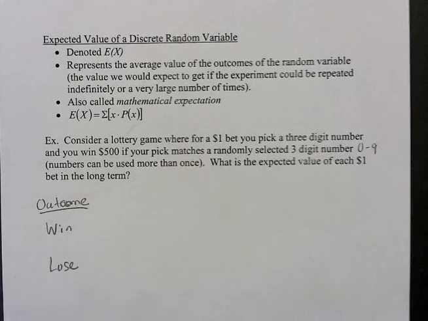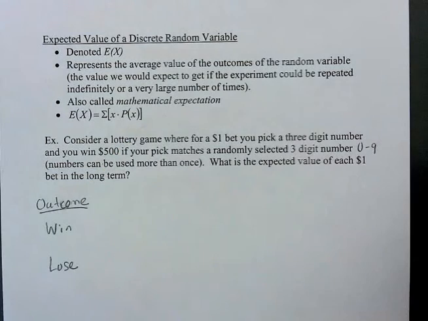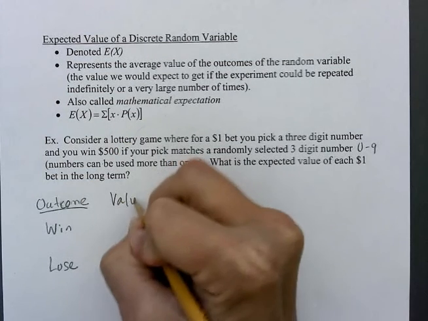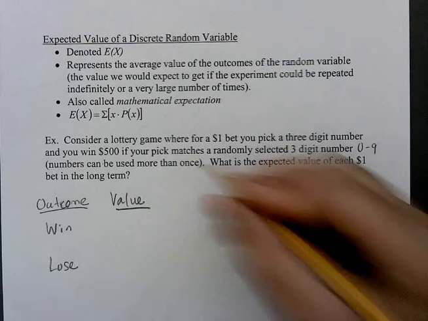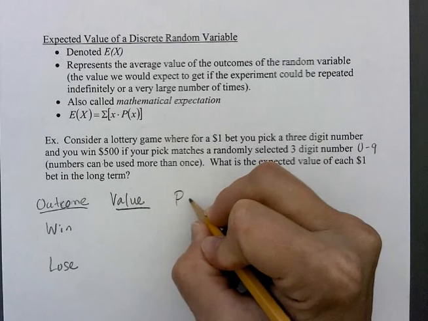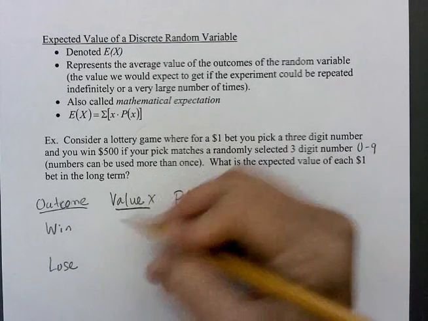Then we have the value of each of these outcomes. And then we have the probability of each outcome. Let's call that P of X.